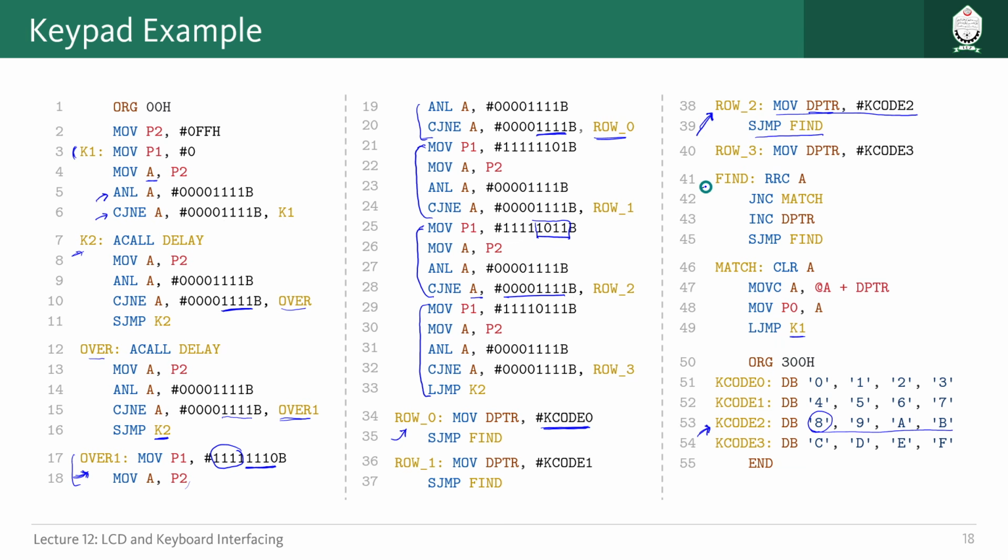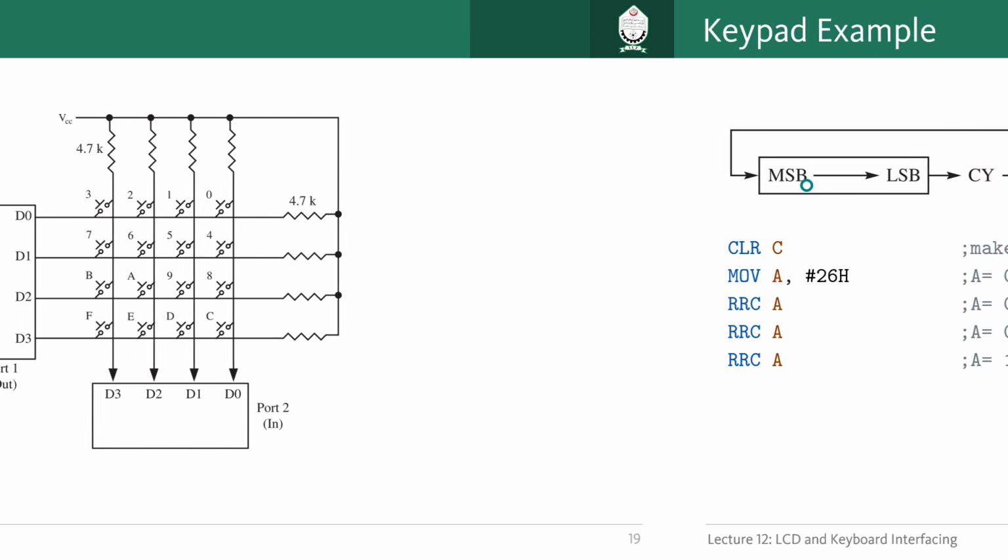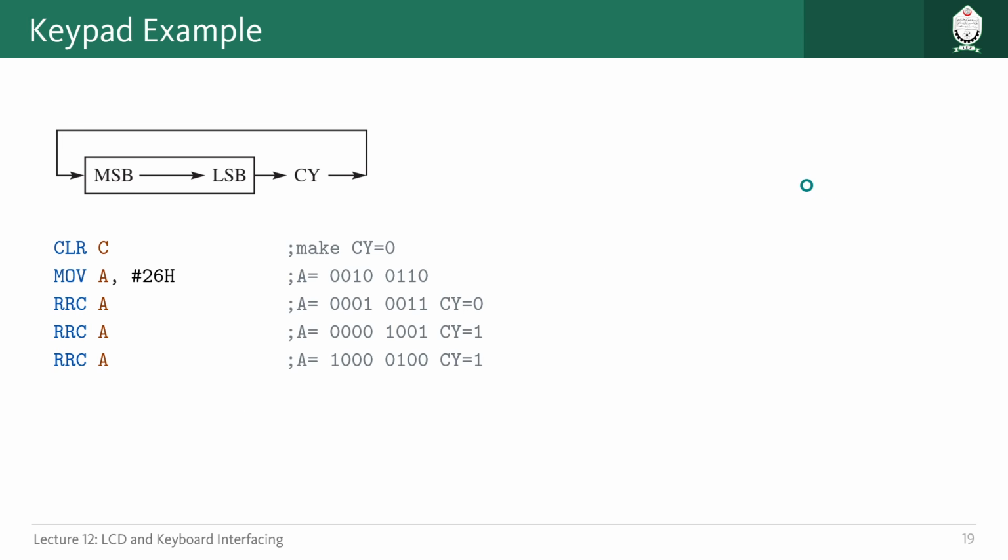Here in this find, you will see first of all we have this command called rrc, which is rotate right with carry. So what is rotate right with carry? To understand that, let us look at this particular example.